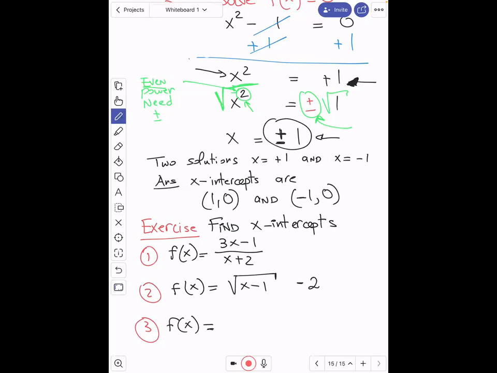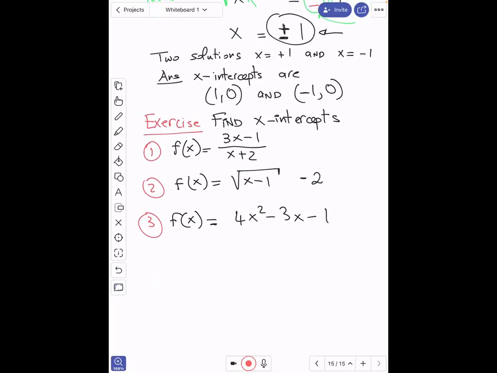So let's say it's 4x squared minus 3x minus 1. And let's do another one, number 4. This is f of x equal to (x minus 3) times (x plus 4). Okay, guys, so please try to find the x-intercepts.